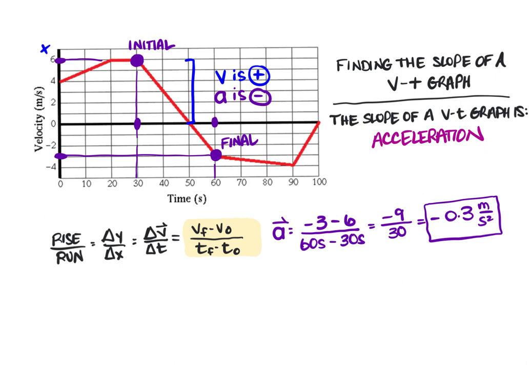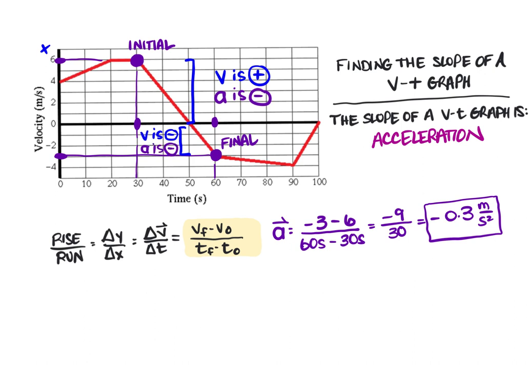In that final 10 seconds here, from 50 to 60 seconds, the velocity is negative because we're below the horizontal axis, the 0, and the acceleration is still negative as well.